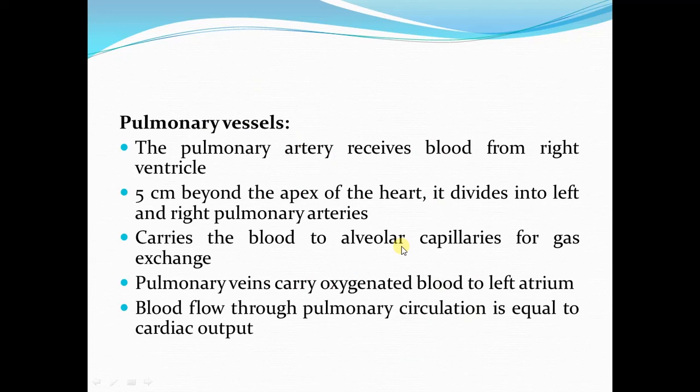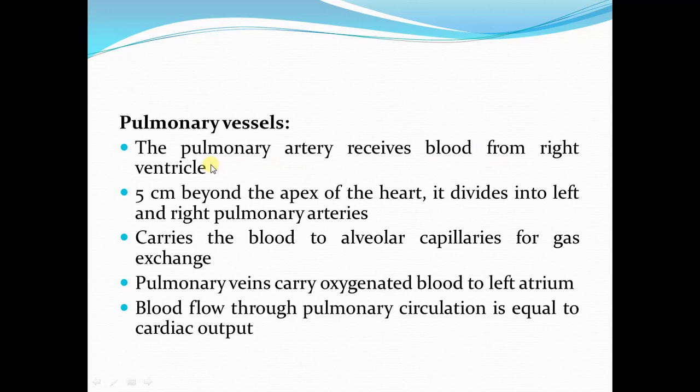Now we will talk about the pulmonary circulation in detail, and we are going to see the characteristic features of the pulmonary circulation which are important for the gas exchange process. Pulmonary circulation is formed by the pulmonary blood vessels. The pulmonary artery receives blood from the right ventricle.